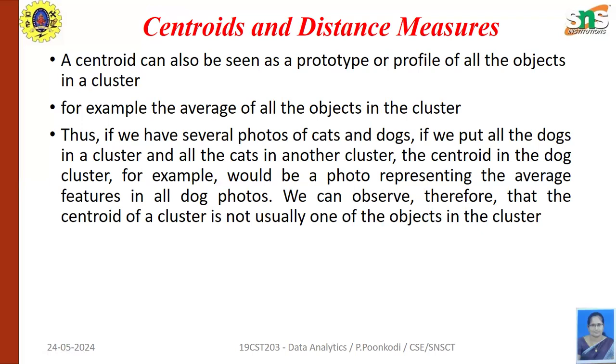Then the centroid of the dog cluster will be considered the photo representing the average features of all dog photos. We can observe that the centroid of a cluster is not usually one of the objects in the cluster.